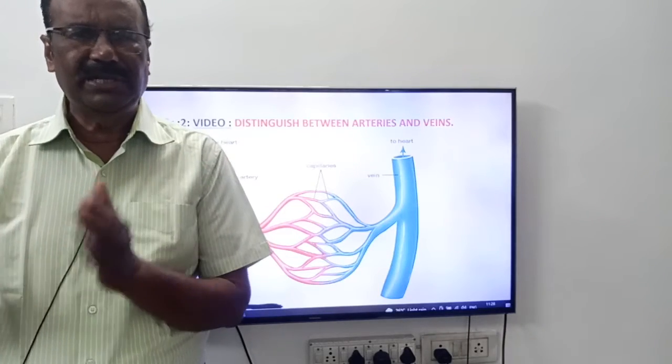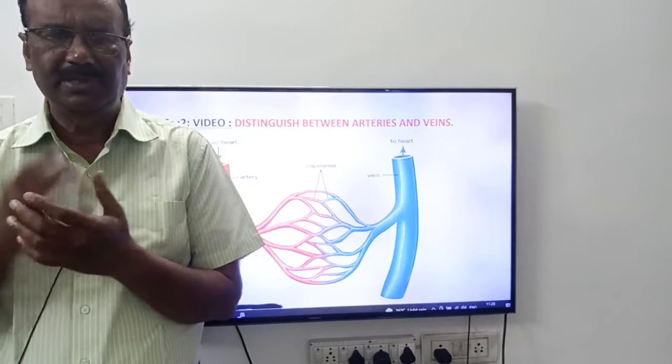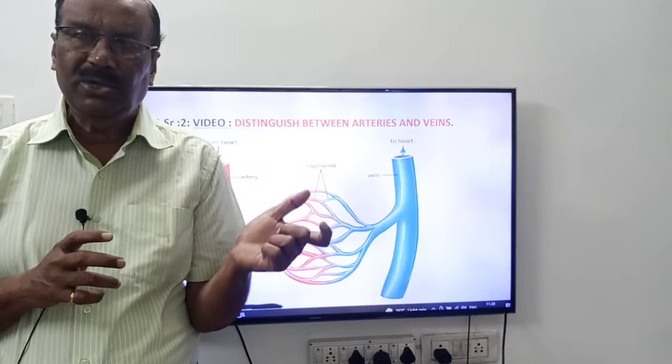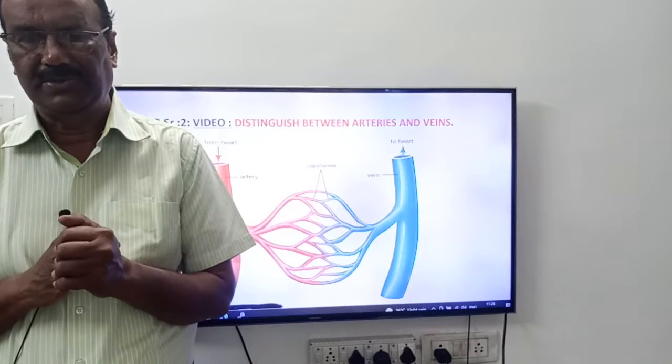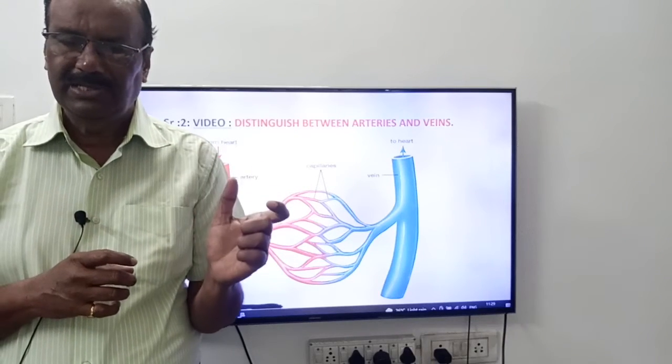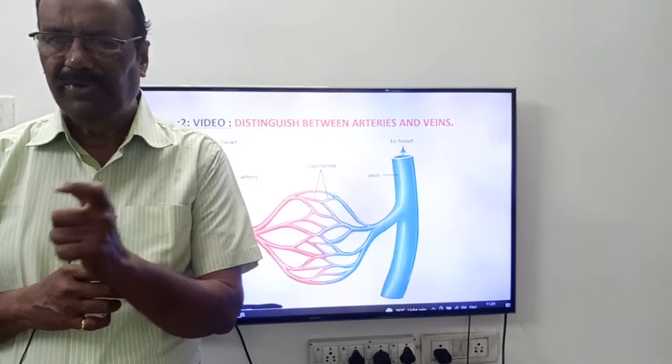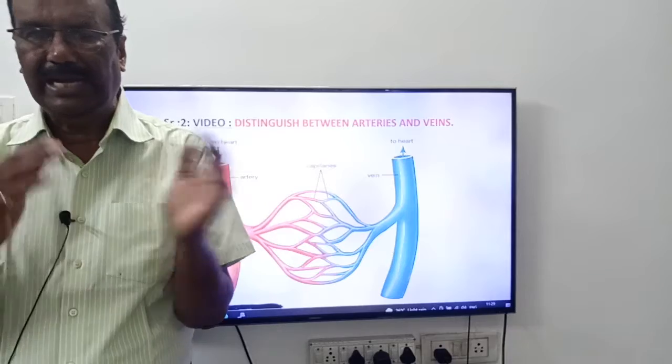In addition to these 3, you have to remember 2 more words: arterioles and venules. Arteries, arterioles, capillaries, venules, veins. Like that you have to remember.